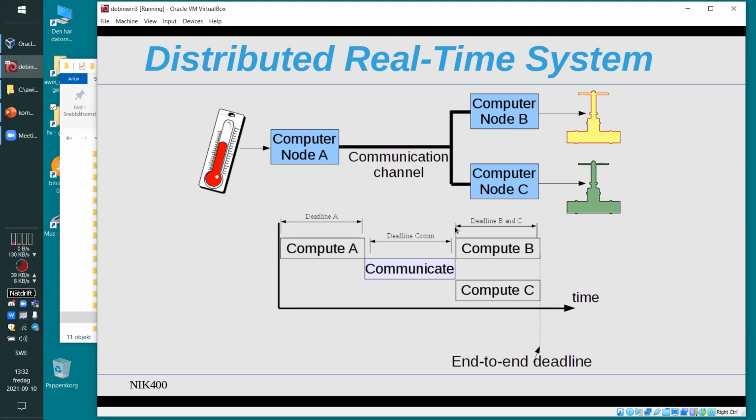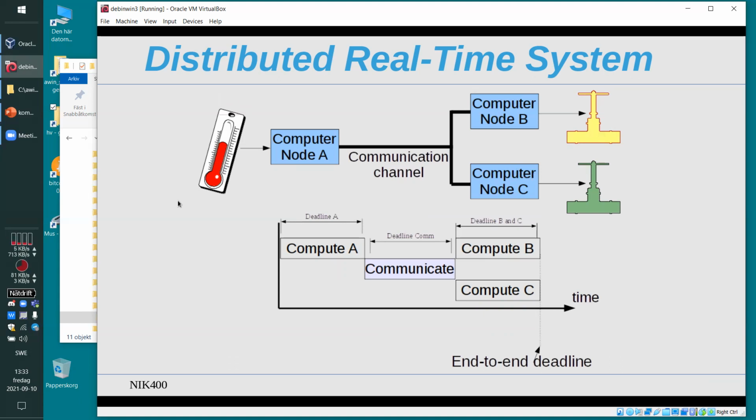So for a whole system, it might look like this: you have a distributed system with a lot of computer nodes. This could be a PLC controller or whatever. It could be normal computers, or computers inside a car. And you might have a sensor somewhere that one computer reads, and then it sends a packet to other computers that should control something.